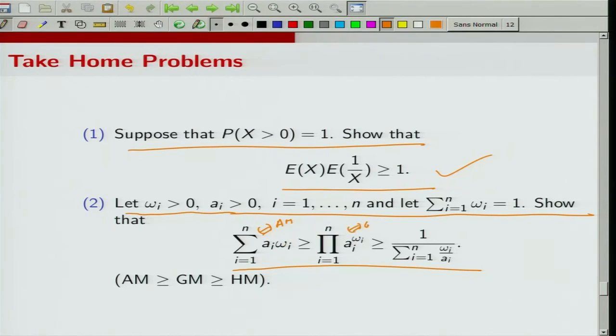This quantity is called the geometric mean, and this quantity is called the harmonic mean. This inequality is famously known as the AM, GM, HM inequality. What it says is that arithmetic mean is always greater than or equal to geometric mean, which is always greater than or equal to harmonic mean. So these are the two take-home problems which are easy consequences of Jensen's inequality.